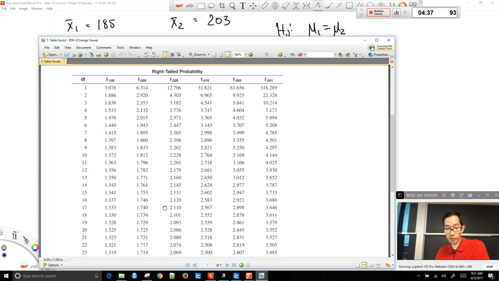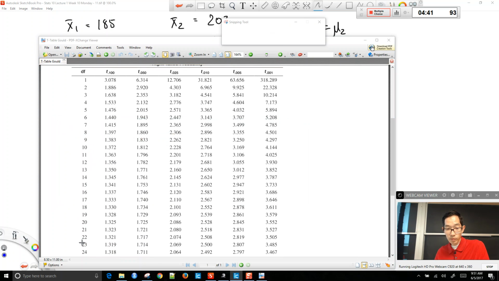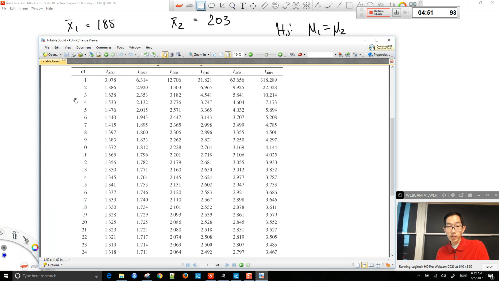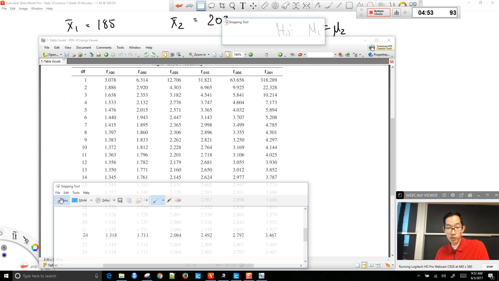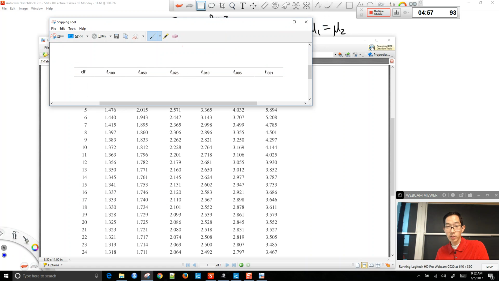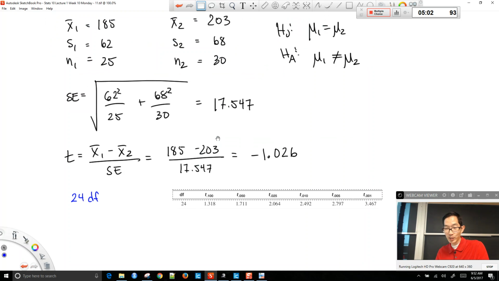I go to the table, 24 degrees of freedom. And the first value I see is 1.318, and that corresponds to 0.100. Okay, I'm going to stop the clicker thing, so get your clicks in if you haven't done so already.